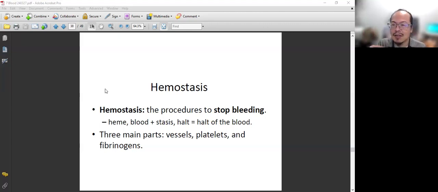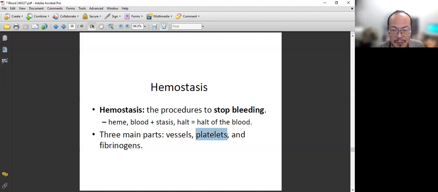Once it sees that, the vessel will use it as an opportunity to send out signals. The vessel will also constrict in order to reduce the blood going through it. The vessel will also send out signals to activate the platelets, and it will go through several other pathways to finally activate the fibrinogen.